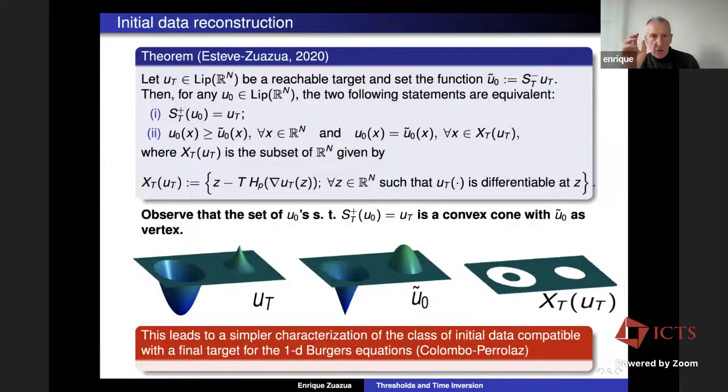Okay? And the last comment I wanted to make about this, and this is very important, especially because we want to go back in the last half an hour to Burgers, is now I would like to explain to you, right, what is, so for Hamilton-Jacobi, I have shown you one possible way of doing backward and forward resolution, but now the question is, take a target, okay? Take a target.